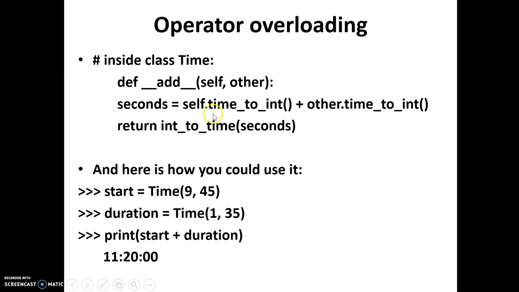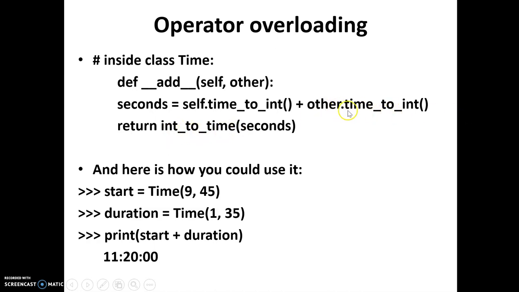Here, the object of the class Time is converted to an integer first, and then the object duration is also converted to an integer. Then the addition is performed, but since this addition is in terms of integers, it has to be converted back to time with the functions int to time and time to int.